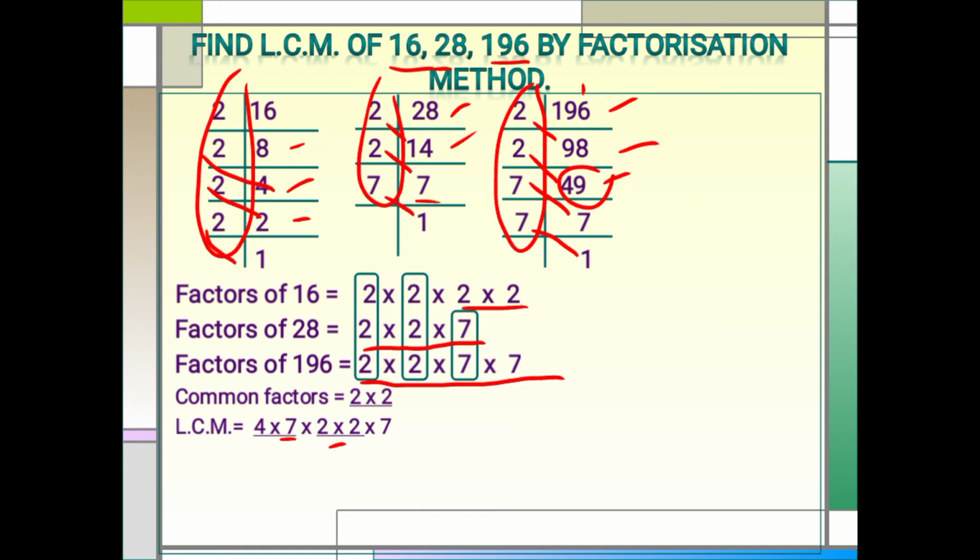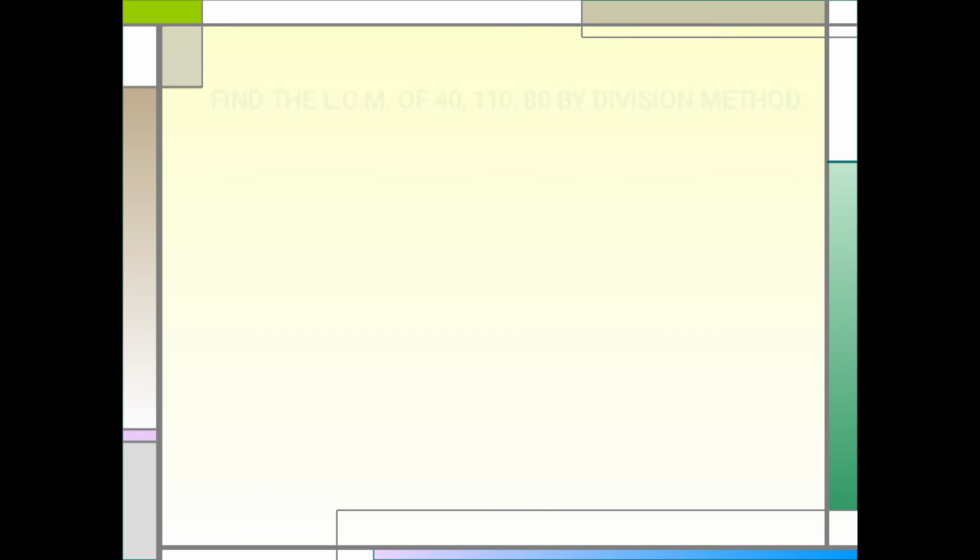So 4 multiplied by 7 will become 28, and 28 multiplied by 2 will become 56, and multiplied by 7 it will become 784. So the LCM of 16, 28 and 196 is 784. This is the way to find the LCM by using the factorization method.